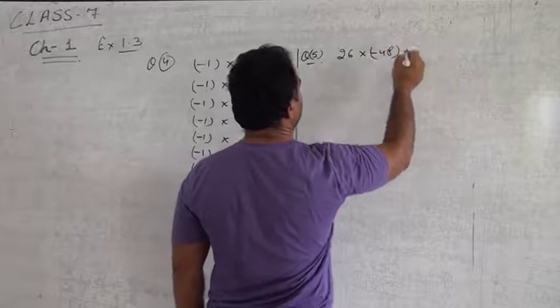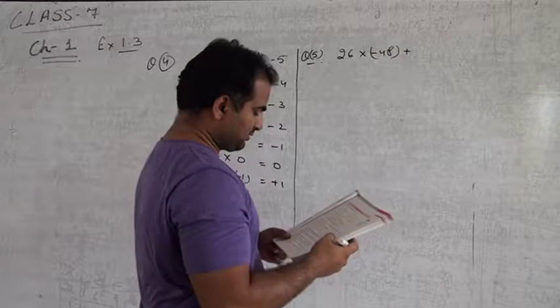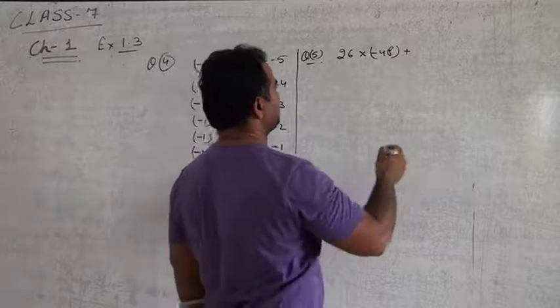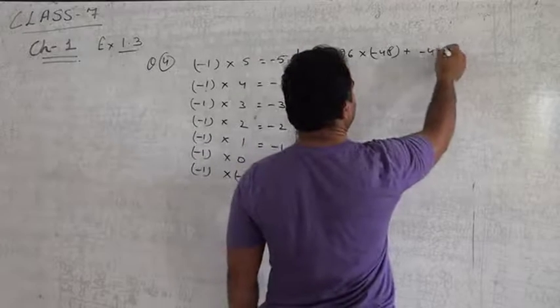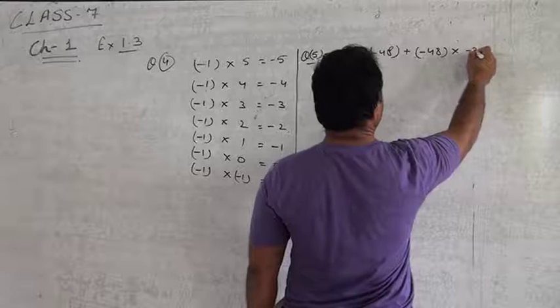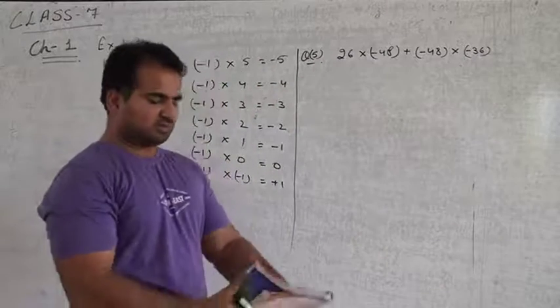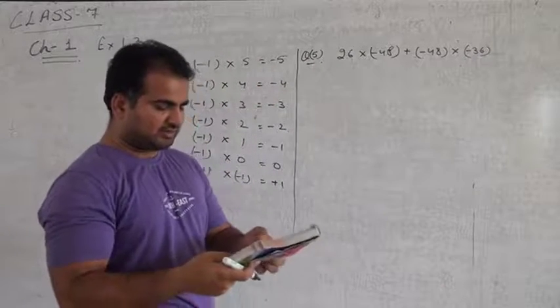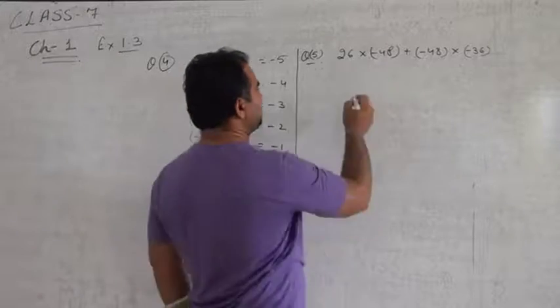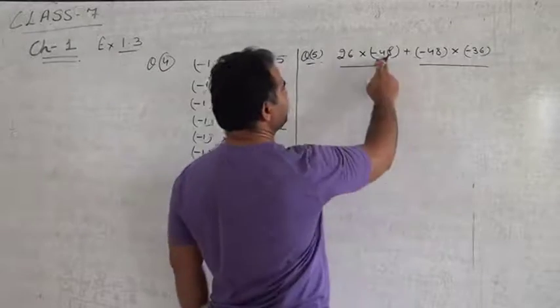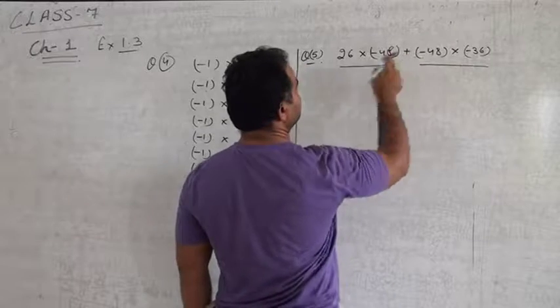Plus minus 48 into 36, minus 48 into minus 36. Okay, so we can see that in this multiplication and in this multiplication, minus 48 is on both sides.